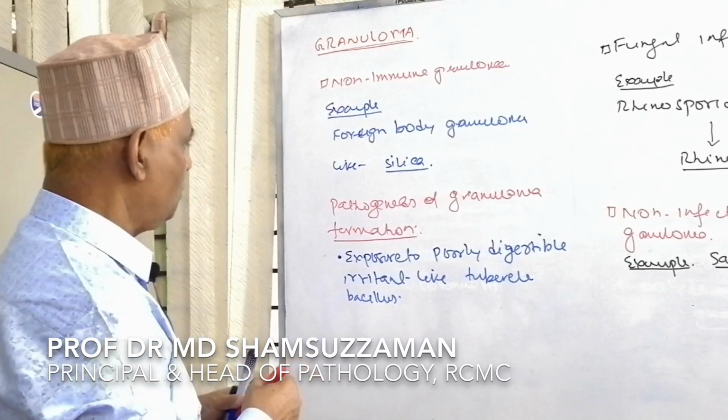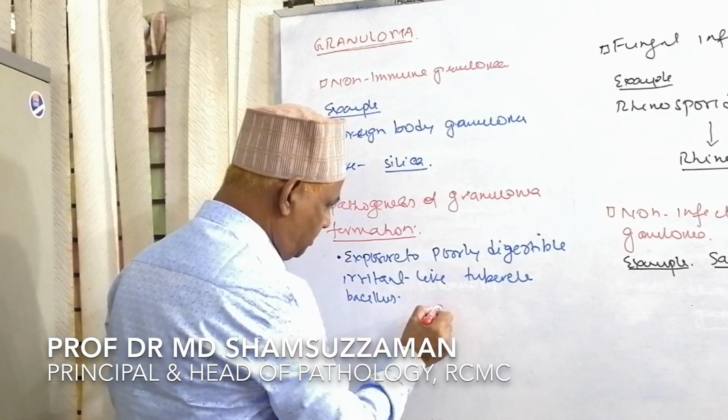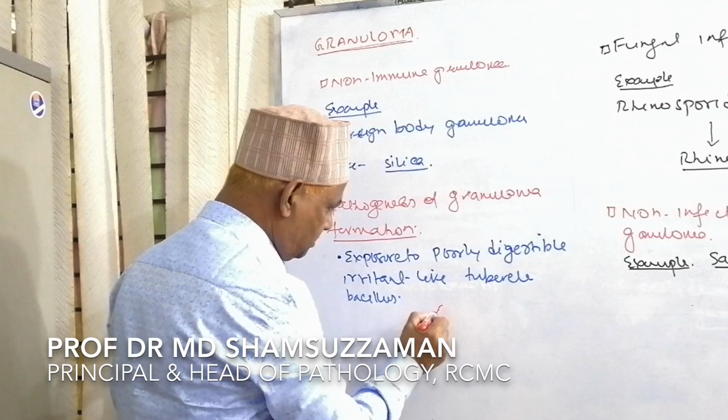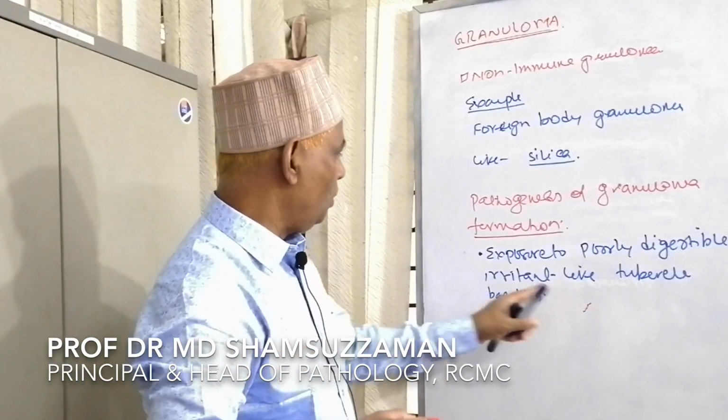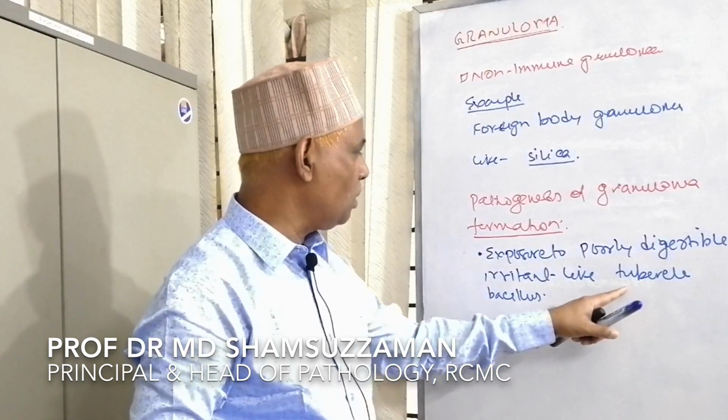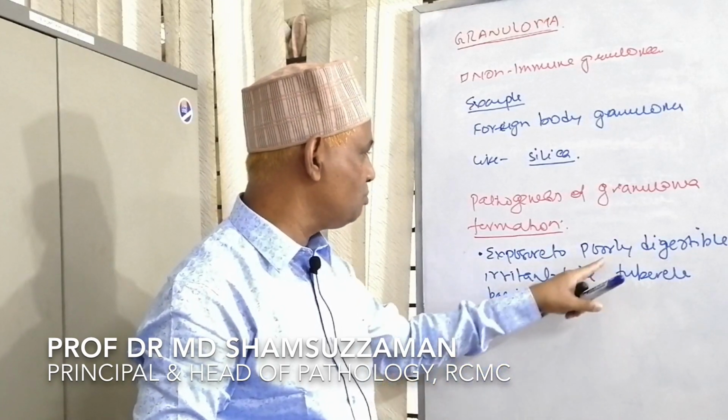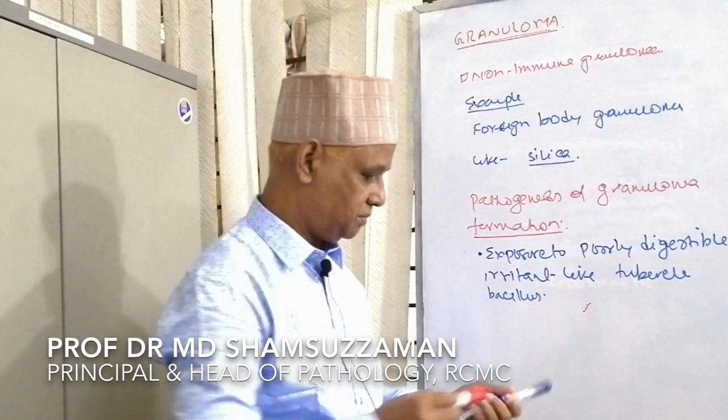You know, tubercle bacillus is a red beaded rod bacterium. On exposure to tubercle bacillus, this bacillus is a poorly digestible irritant.